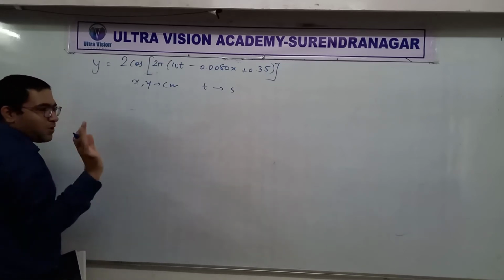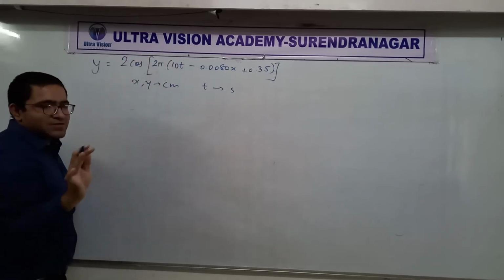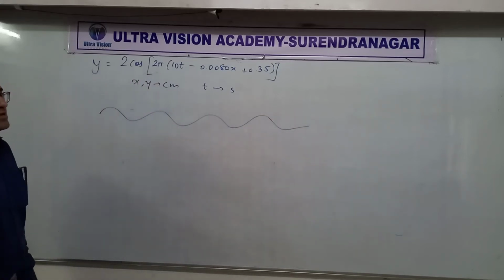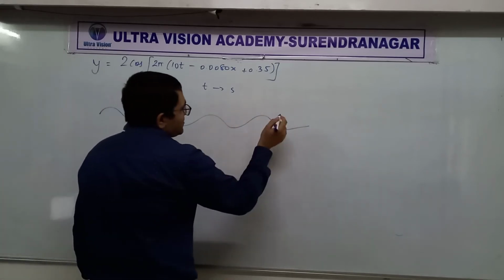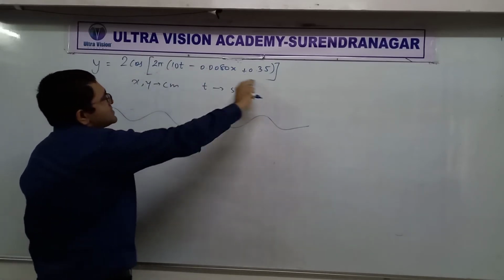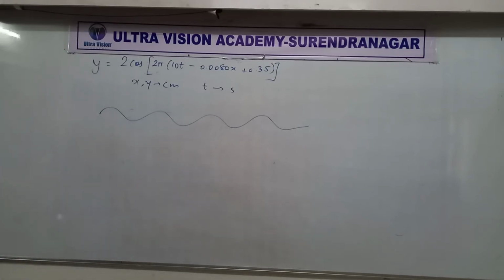Let's draw what this is saying. This is first of all a traveling wave. Let's say this is the wave pattern at any point of time. In which direction do you think it is traveling? Positive x or negative x?